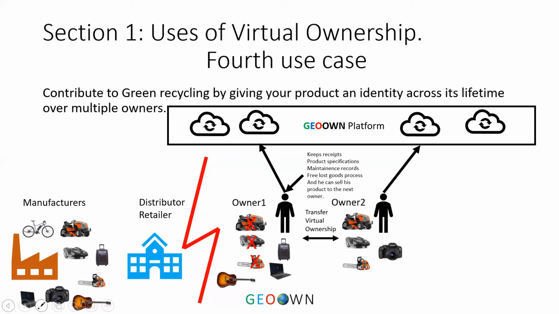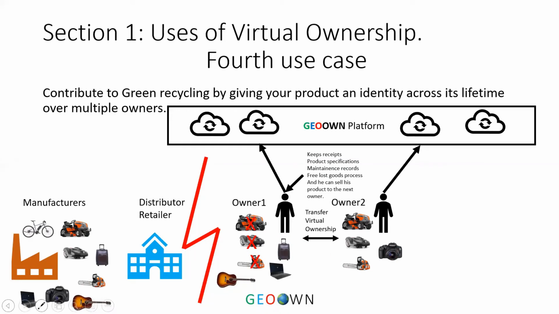Similarly, if after 6 months, the first owner sells the robotic lawnmower to the second owner, the robotic lawnmower's virtual ownership data is removed from the first user and pops up in the second owner's account. Also, the second owner may take virtual ownership of the camera independently.